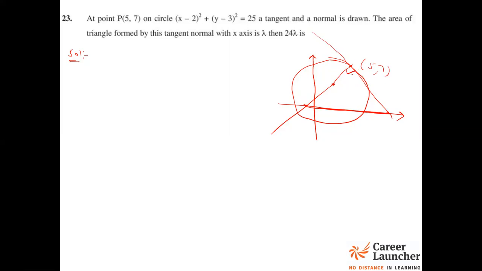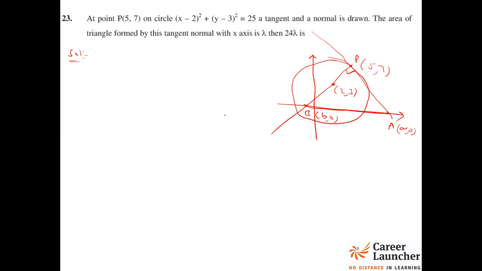So how to find the equation of the normal at this point P? This is the center (2, 3). If you name this point as A and this point as B, we don't know these points. Let this point be some (a, 0) or (b, 0), and let us say this point is (a, 0). Now these 3 points should be collinear because the normal should pass through the center.